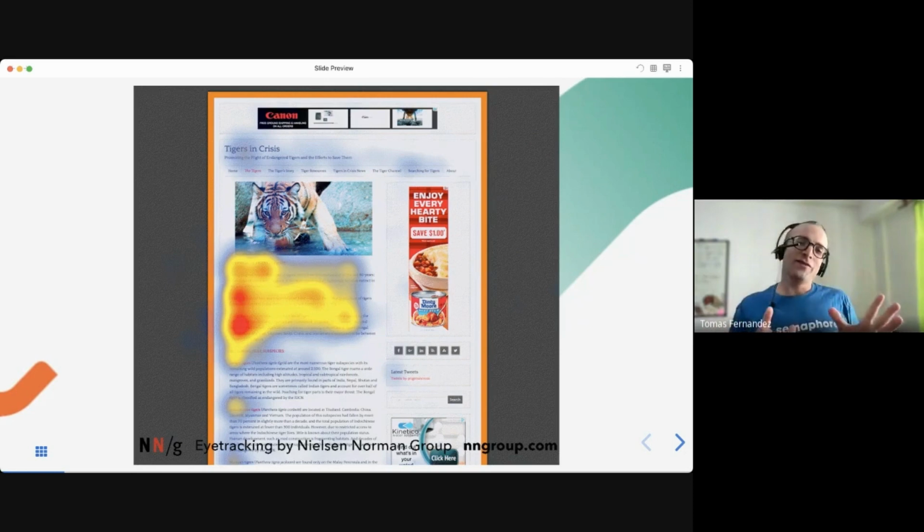So we have 20 seconds to get the attention of the reader in this small space. That's the challenge we have, and the idea is how to tackle that challenge in this talk.